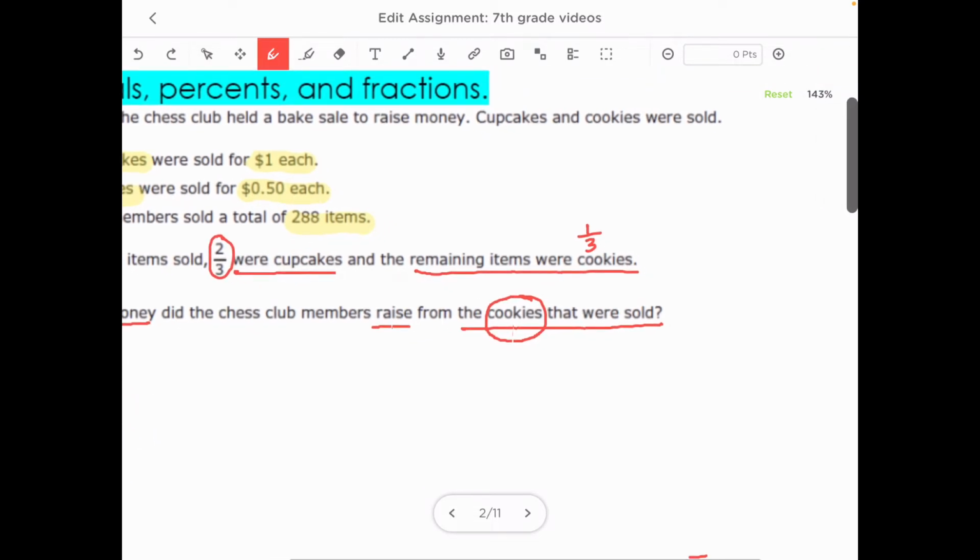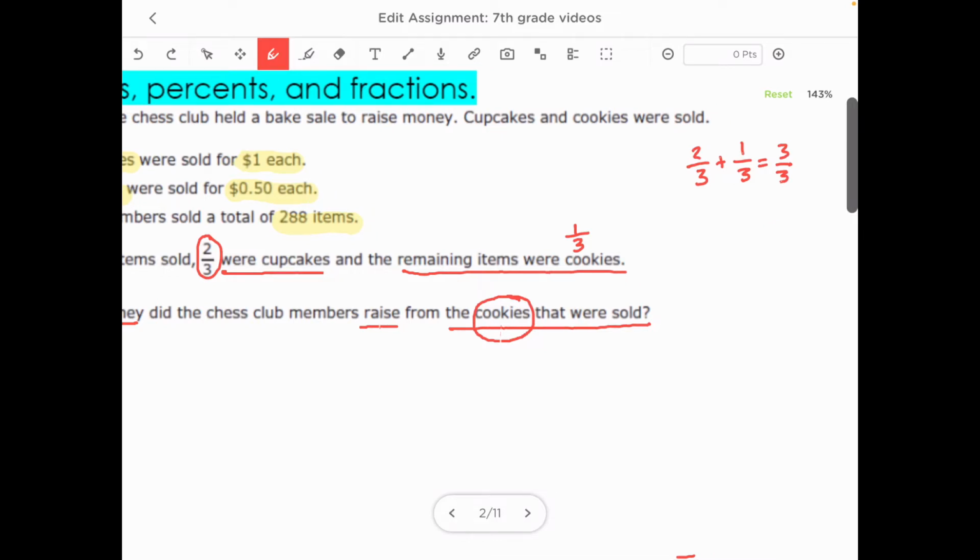Now, how do I know that? Because 2/3 plus 1/3 gives me 3/3, which is one whole, meaning all the items that were sold, okay? But that's just an extra side note that I was doing mental math with.